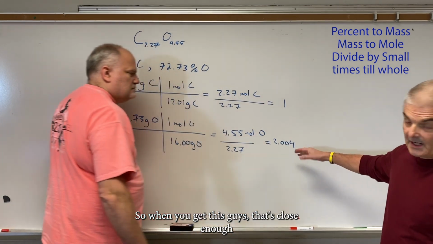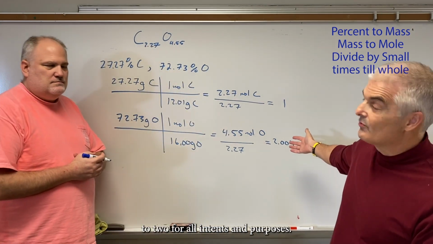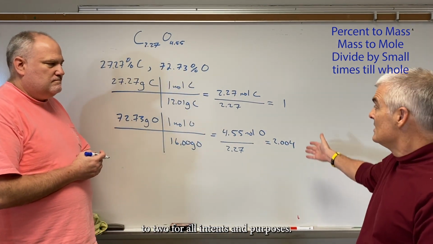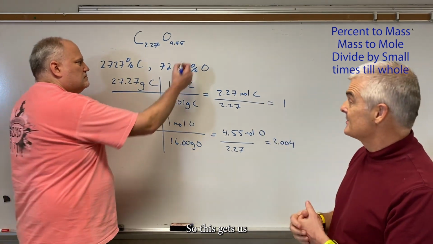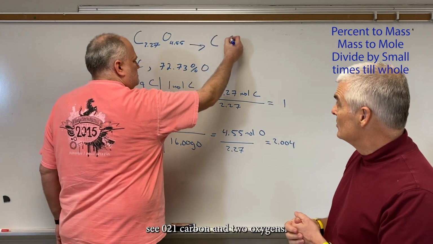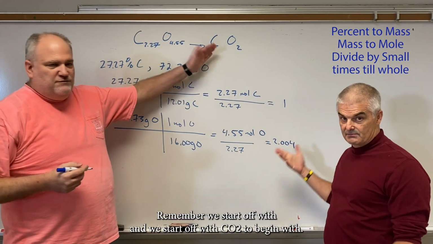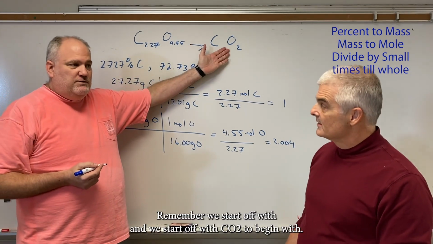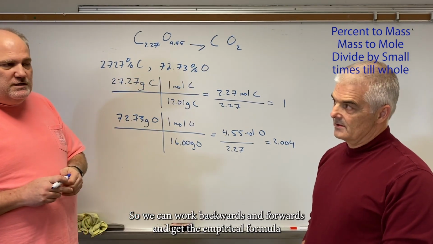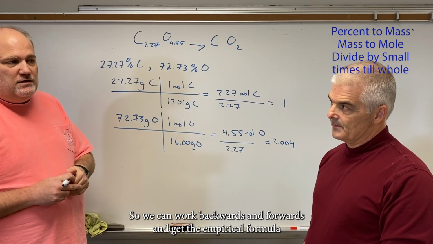So when you get this, guys, that's close enough to 2 for all intents and purposes. So this gets us CO2, 1 carbon and 2 oxygens. If you remember, didn't we start off with CO2 to begin with? Yeah. So we can work backwards and forwards and get to empirical formula more than one way.